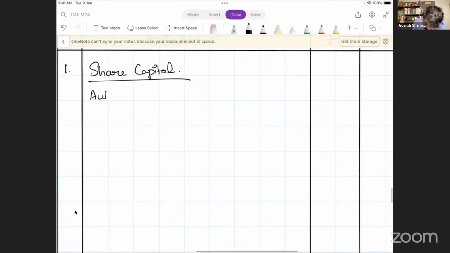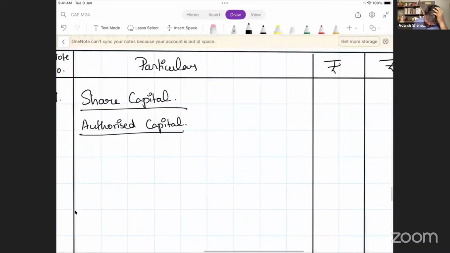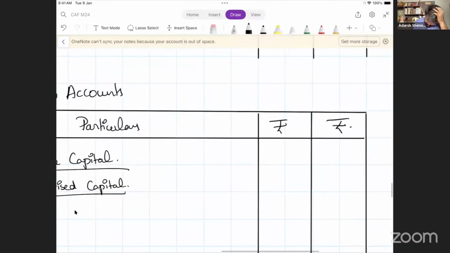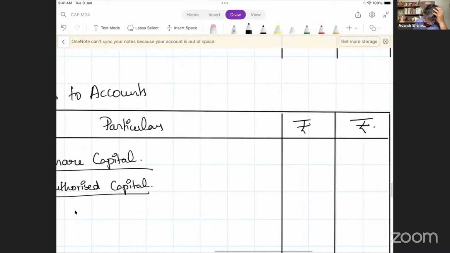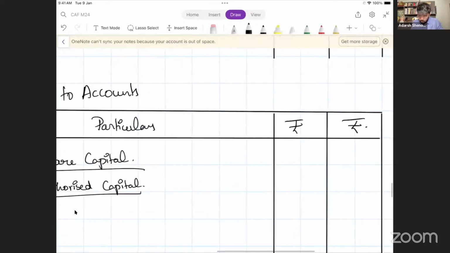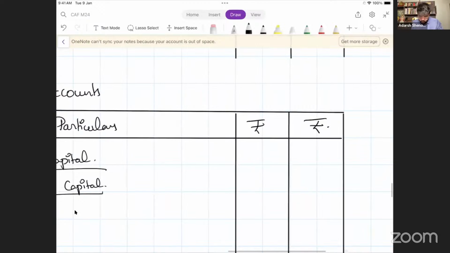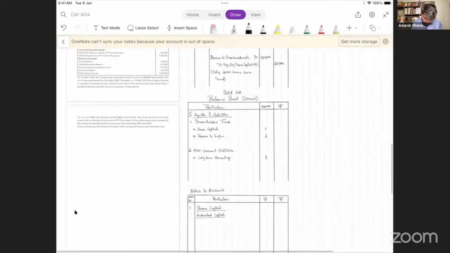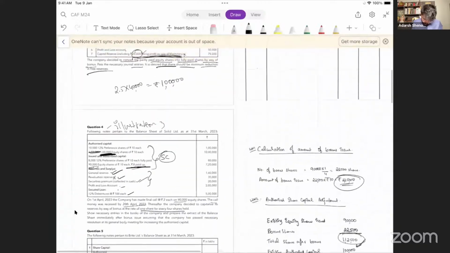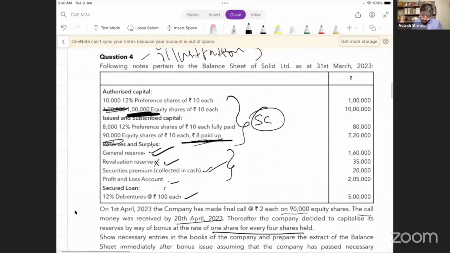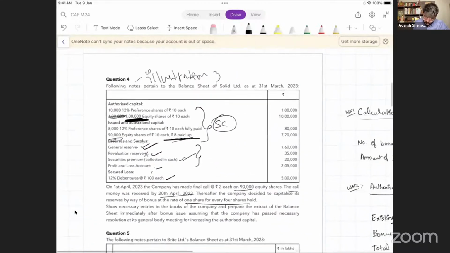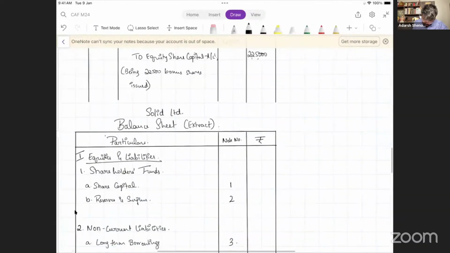Under this, first we write authorized capital. Okay, now look at the question. Authorized capital 10,000, 12% preference shares of 10 each.